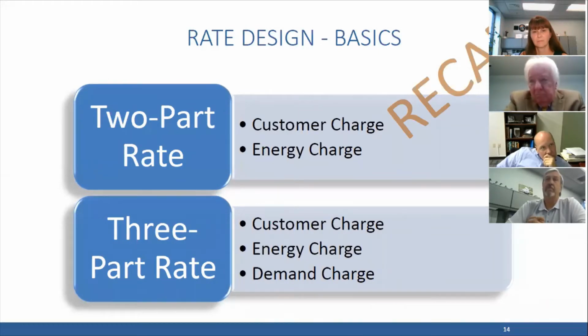And we did mention that the two-part rate, while it's simpler, does sacrifice some of that cost allocation detail by taking the demand related costs and lumping them into the recovery from the energy charge. And we'll talk a little bit more about that today.